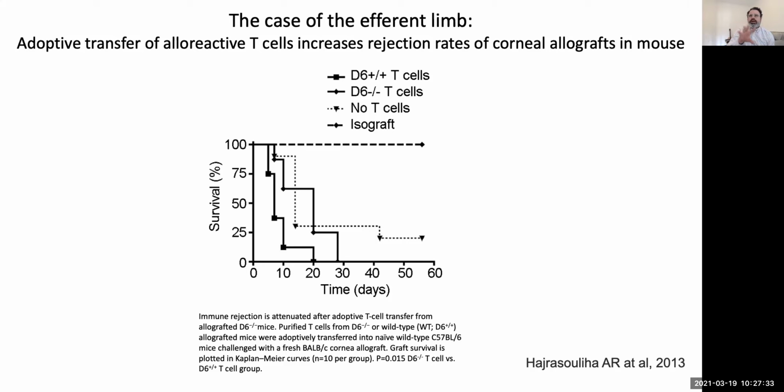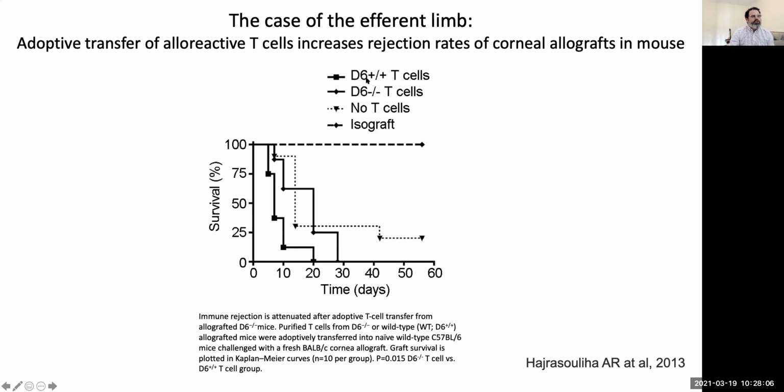This has nothing to do with the afferent limb. You're specifically asking, is there an accessible efferent limb? You know that there are blood vessels there in the limbus, so that means that potentially T cells can infiltrate the cornea. And this is one paper just to demonstrate that the efferent limb is indeed accessible or plays a role. There are other papers that have done this sort of experiment, but essentially they did exactly this.